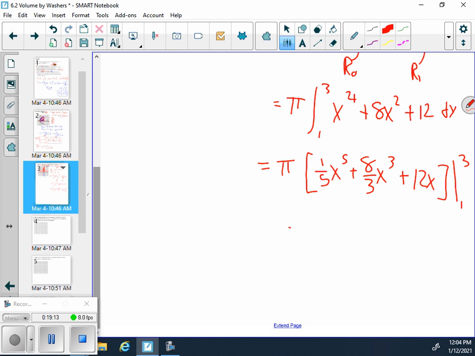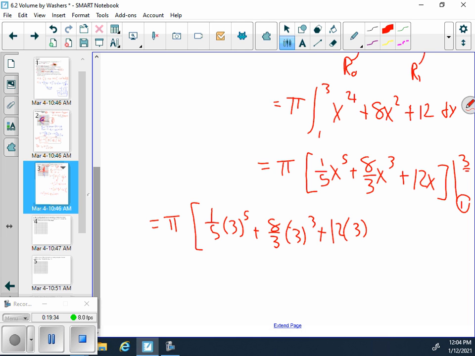Now, this is not an example where one quantity is going to cancel out because we have 1 and 3, so we're going to have to write out the whole thing. This would be like a calculator-inactive problem. I would just leave it as 1/5 times 3 to the 5th plus 8/3 times 3 cubed plus 12 times 3. I would do all of that, then subtract everything with a 1 plugged in.